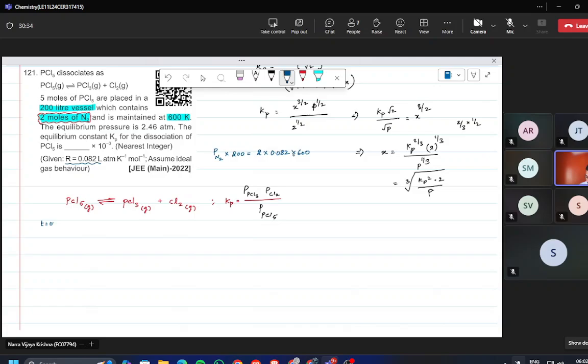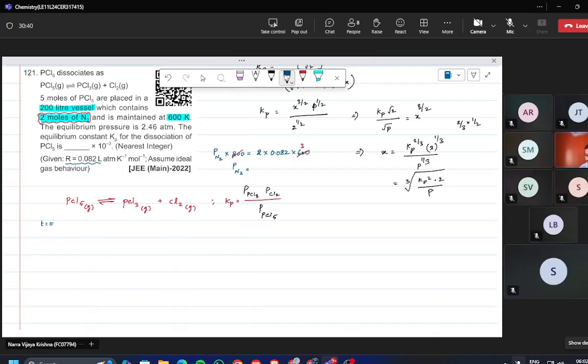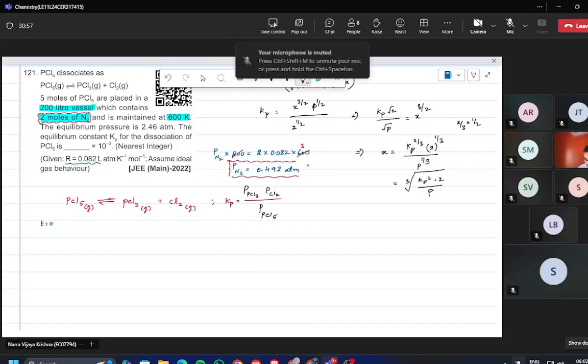So pressure due to nitrogen is done. 6 into 0.082 gives 0.492 atmosphere, the pressure due to nitrogen gas. Correct?